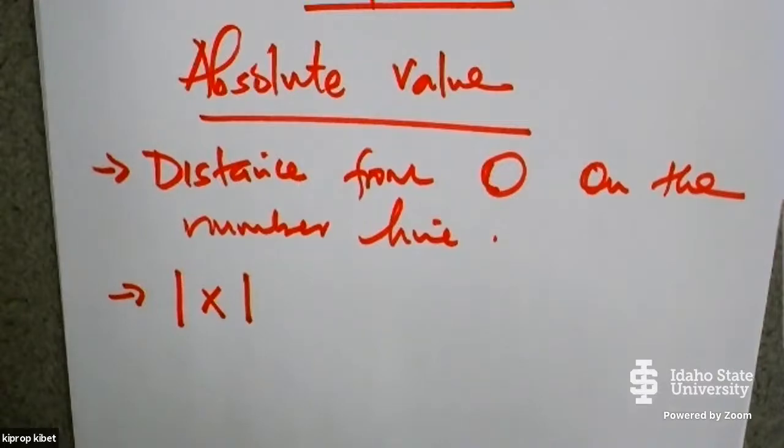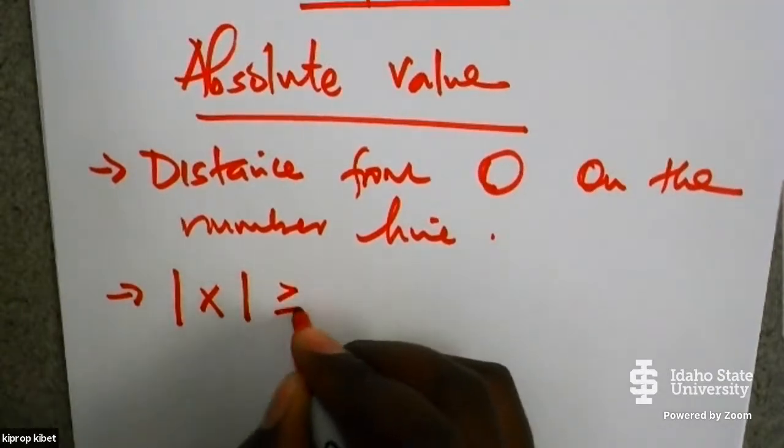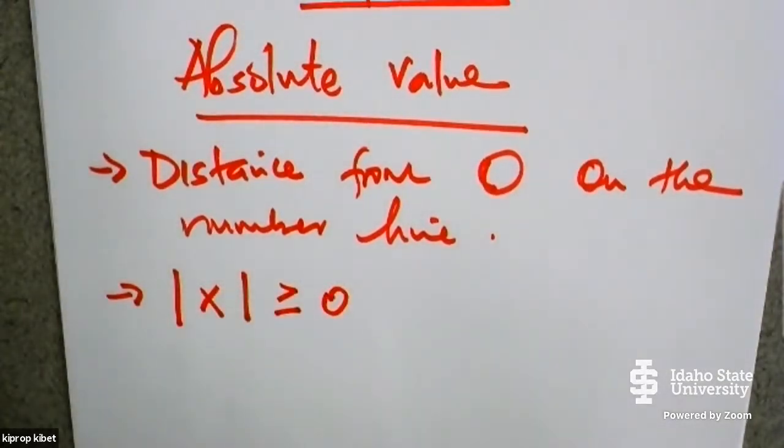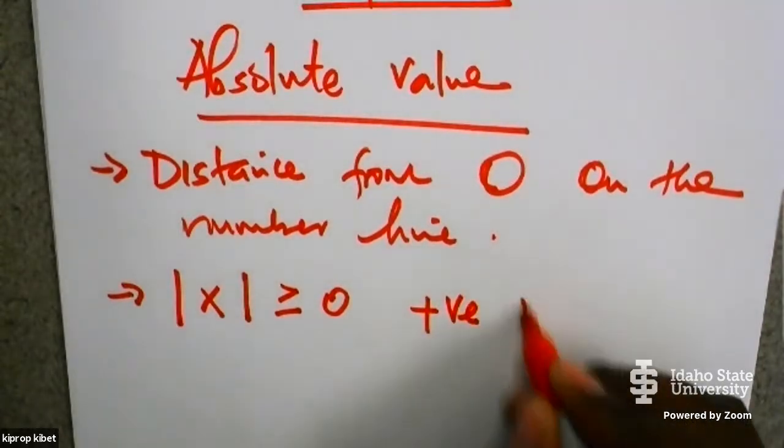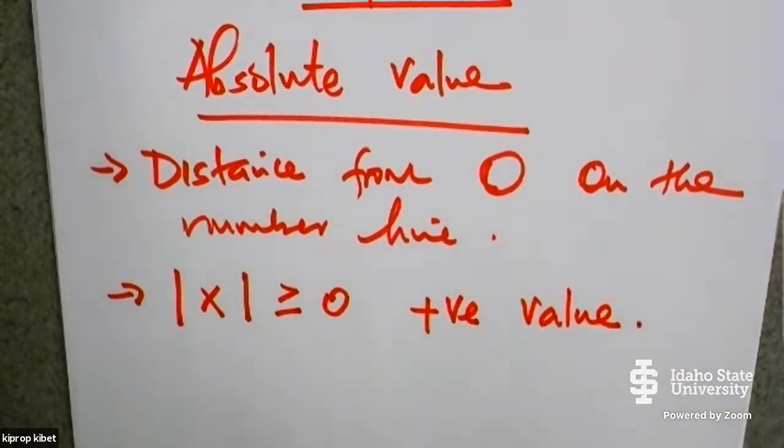This absolute value is greater or equal to 0. It is always greater or equal to 0. That means you take the positive values. So the absolute value takes the positive values.